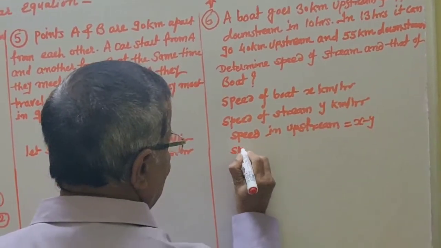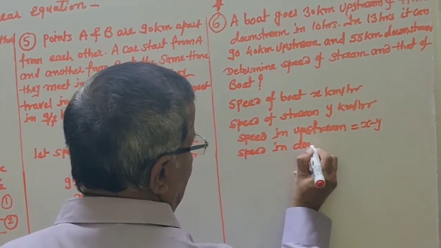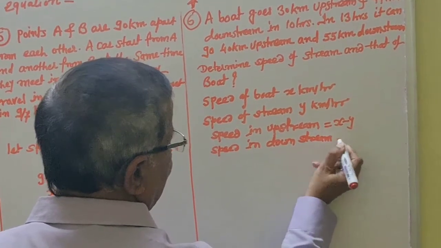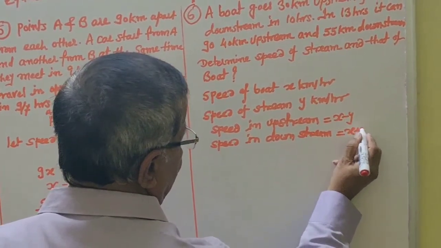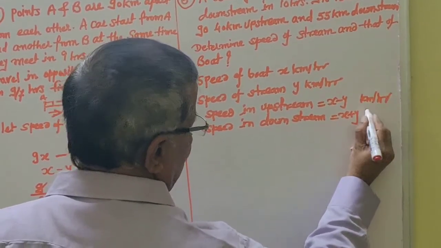Speed in downstream will be x plus y, kilometer per hour. Write down this also.